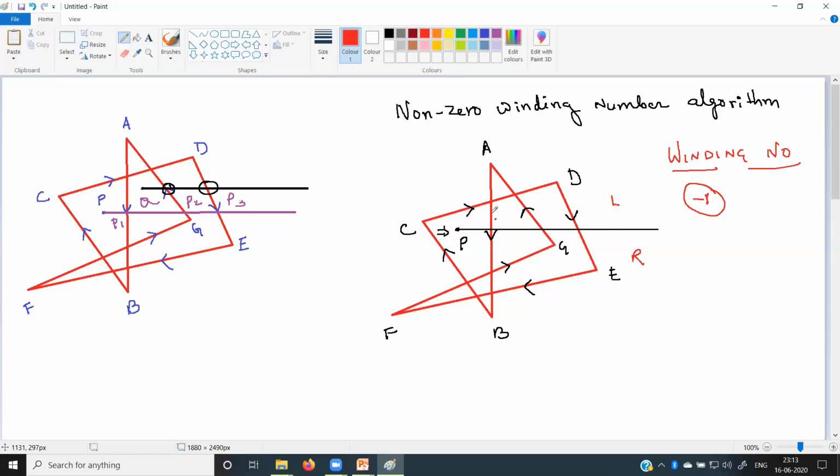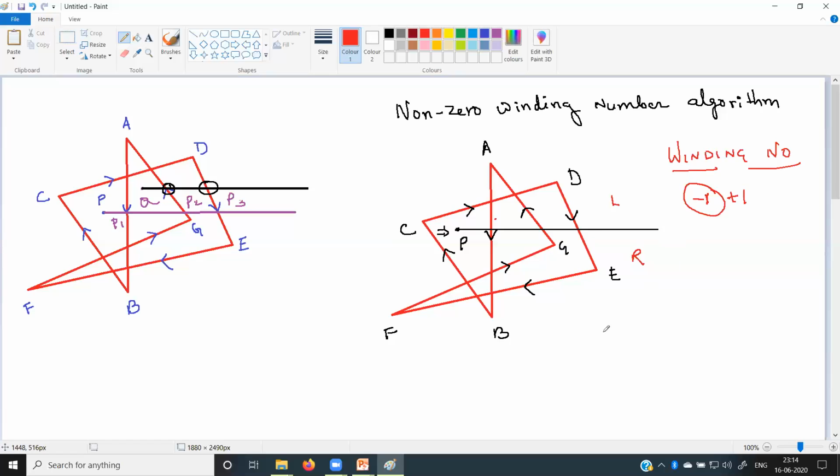Here this line again intersects the line AG, and you can see the direction of the line is from G to A, or rather from our right side to left side. If the direction is from right side to left side, then we add plus 1 with the value.